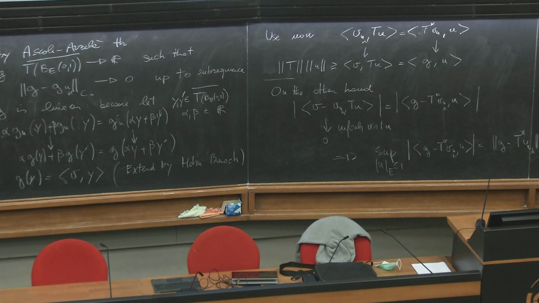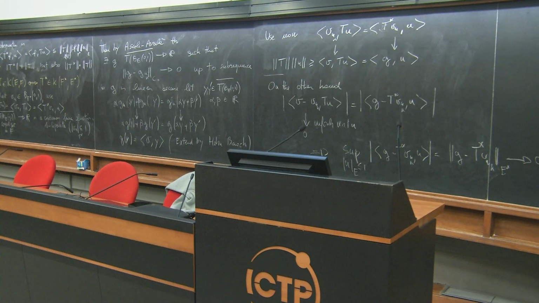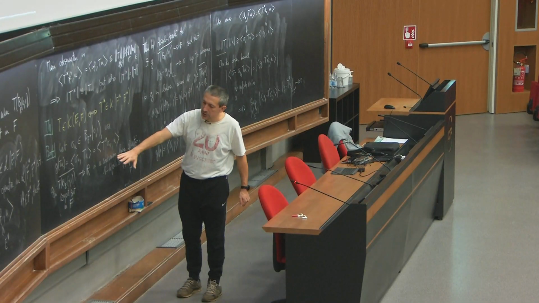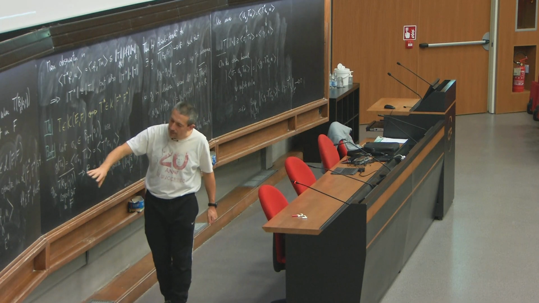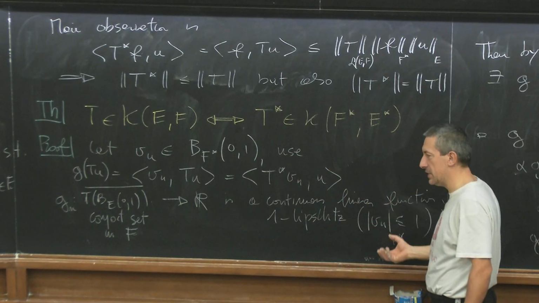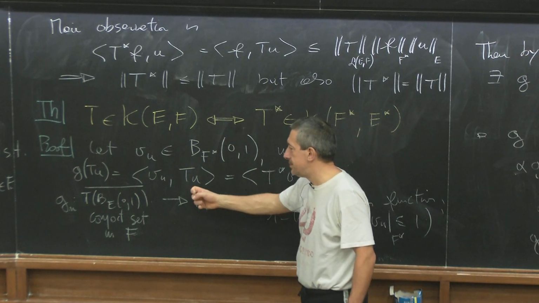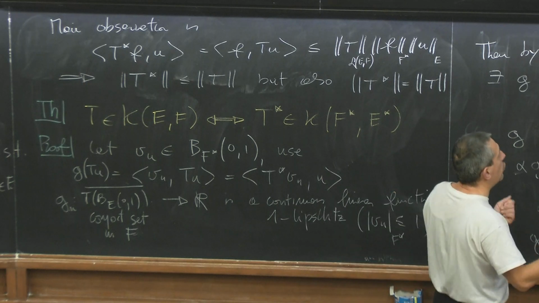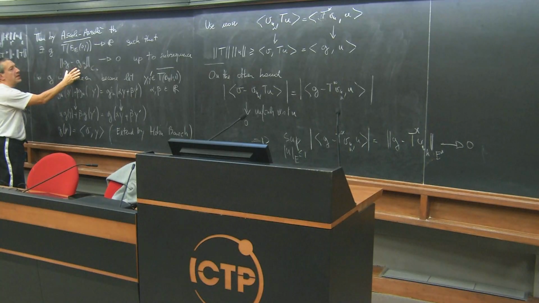Okay, so the conclusion is, let me review the proof. You use the Lipschitz property, the fact that you can embed the linear functionals as 1-Lipschitz functions on this compact set. Now you just have to look at what the uniform convergence means.